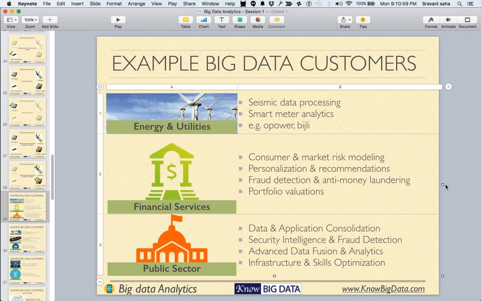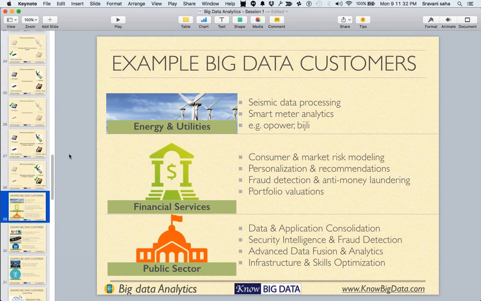All right. Now carrying on with the further discussion. So the examples of big data customers in energy, in case of the vertical called energy and utilities: seismic data processing, understanding whether seismic energy could be utilized or not, and understanding the smart meter.